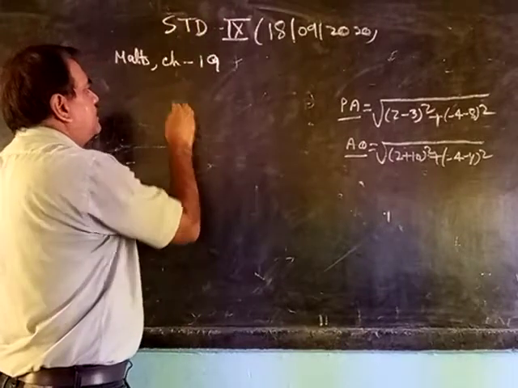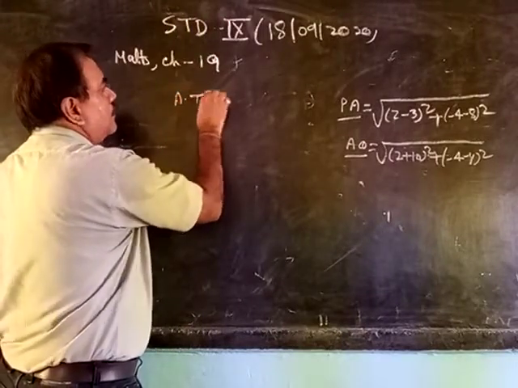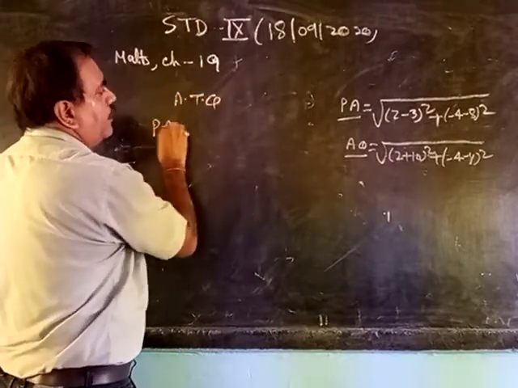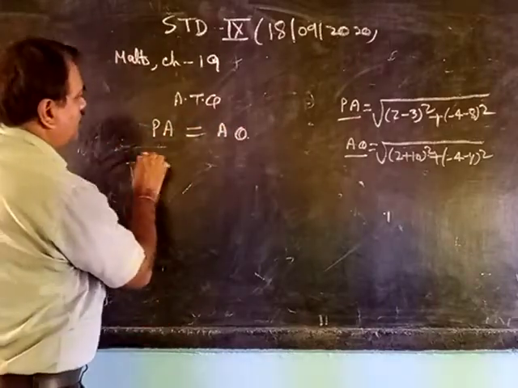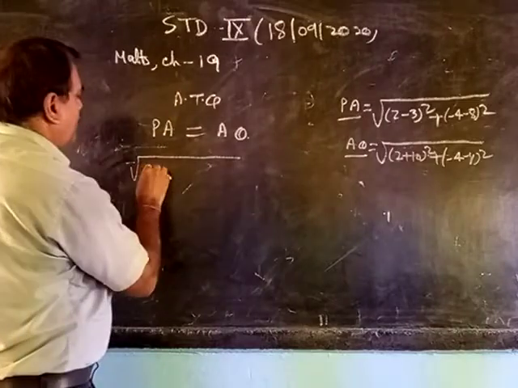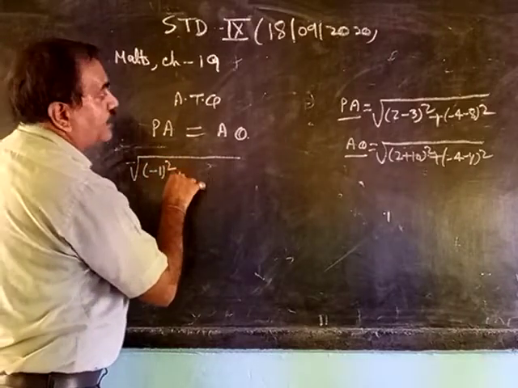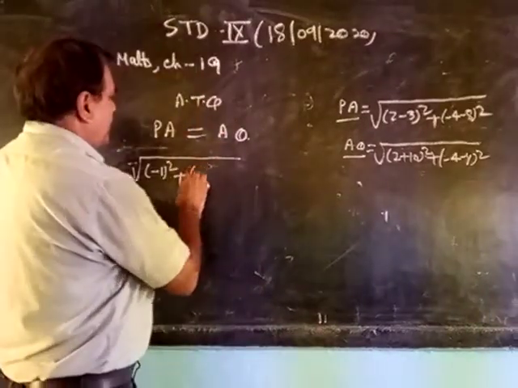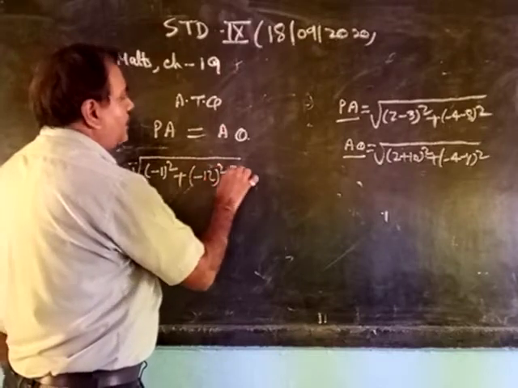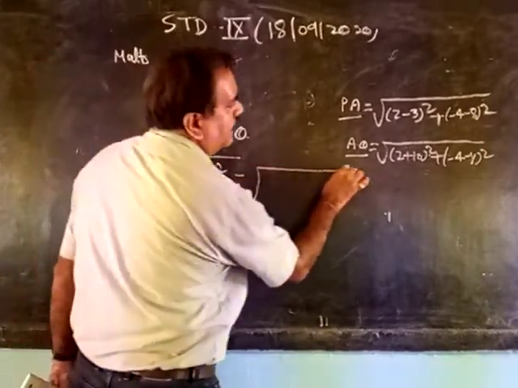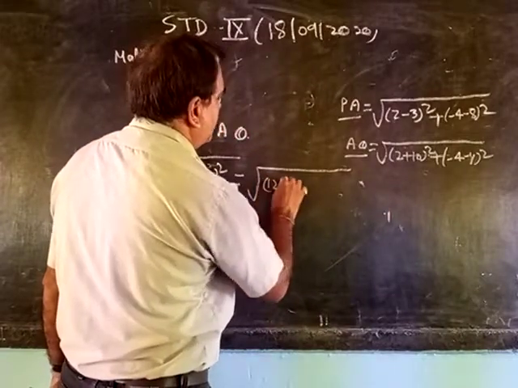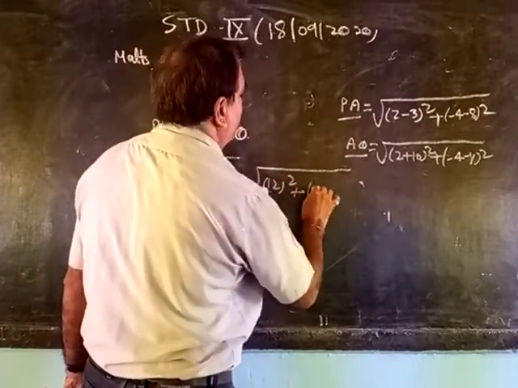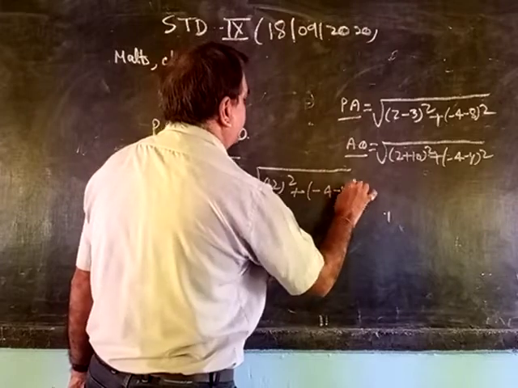According to the question, PA is equal to AQ. Equalize. (-1) squared plus (-12) squared is equal to 12 squared plus (-4 minus y) squared.